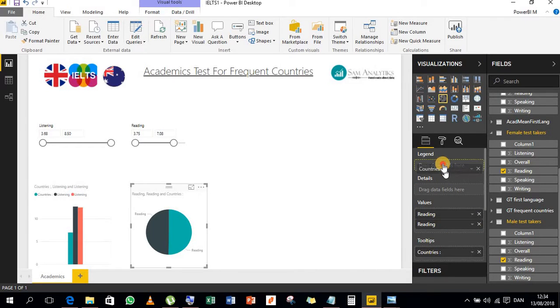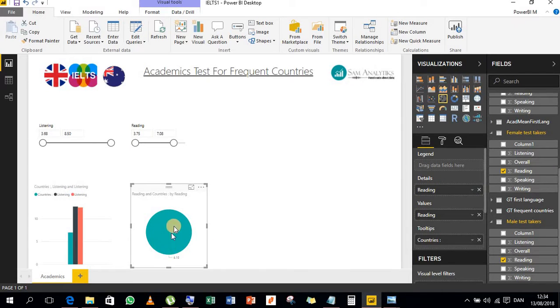But if I move it to the legend, or if I move it to the details, I can see that the reading is actually equally measured for all the different parts. That means people don't have to take the English tests over and over again, and these companies are making money out of it.